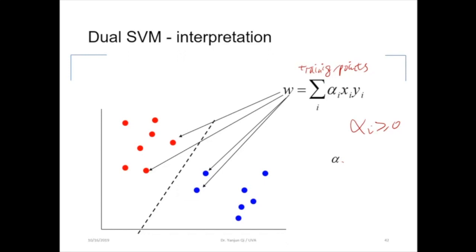Because w equals the sum of alpha_i x_i y_i and the majority of alpha are zero, those points that are predicted very nicely have no influence on w at all. Only those points on the margin contribute to the definition of w.